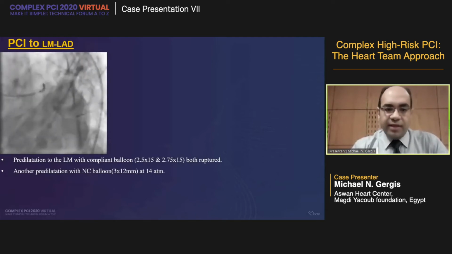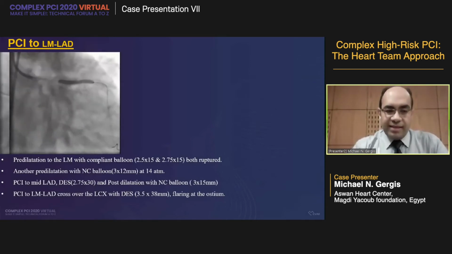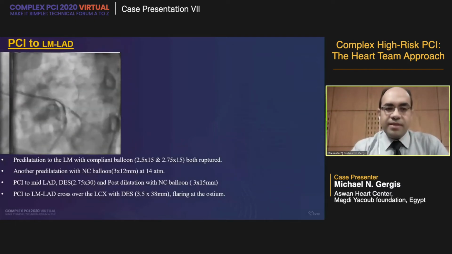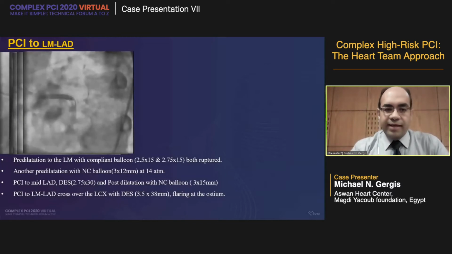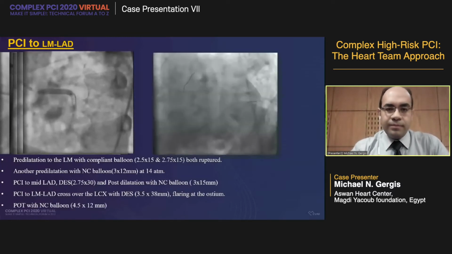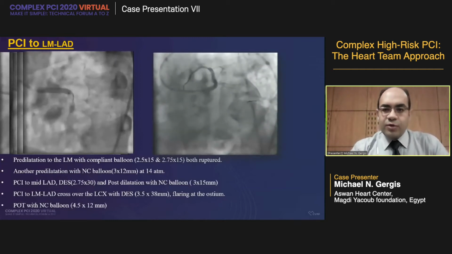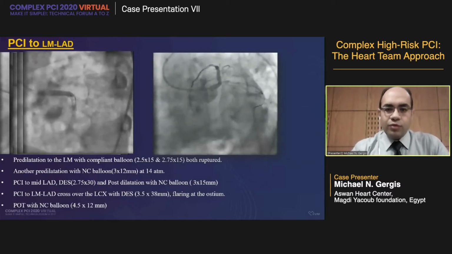So another predilation with an NC balloon 3x12 at high pressure, followed by PCI to the mid LAD, 2.75 DES, post-dilation, then PCI to the left main LAD crossing over the LCX, flaring at the ostium with this result.